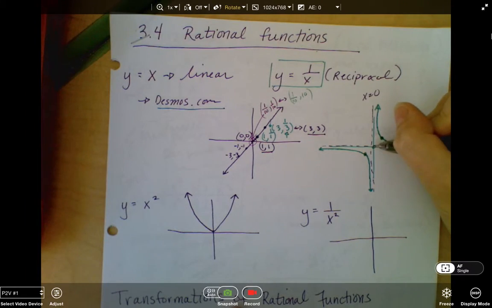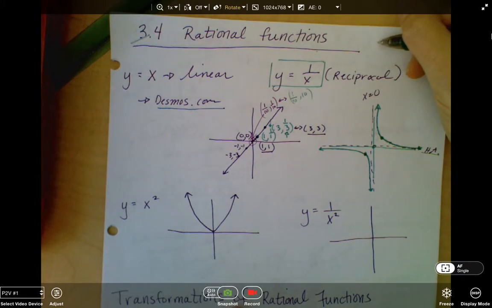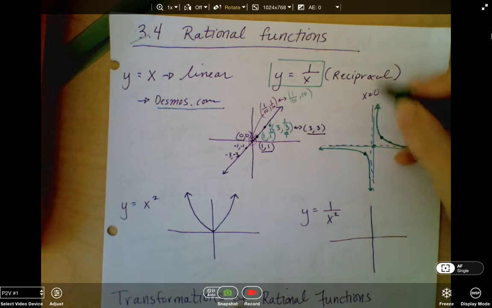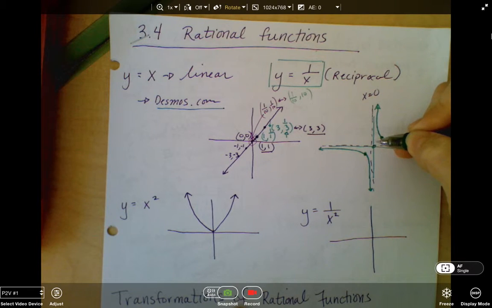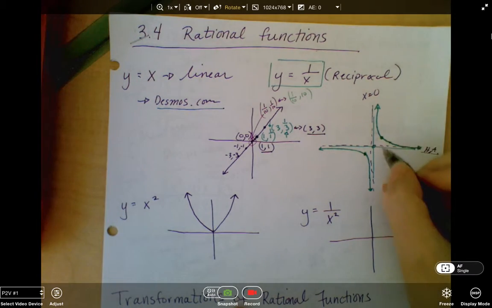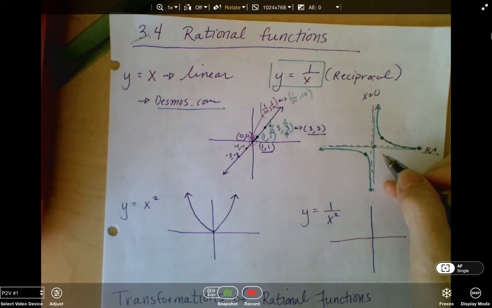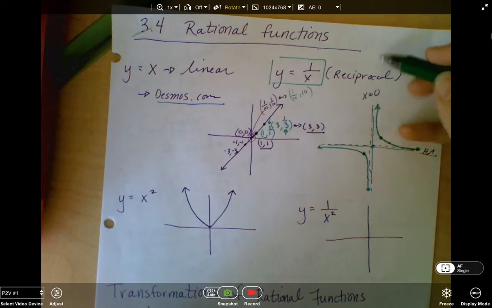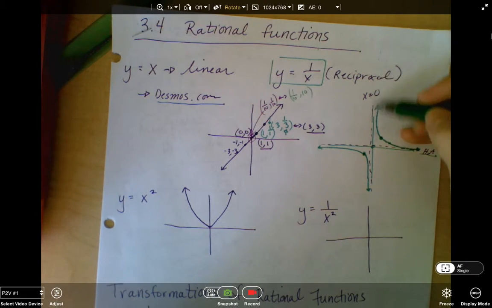So when I plot 1/10, it's way up here. When I plot an input of 1/100th, it becomes 100. When I go 1/1,000,000th, it becomes 1,000,000. So the closer and closer and closer I get to 0, the closer this is going to get to positive infinity. So that's going to be our vertical asymptote.